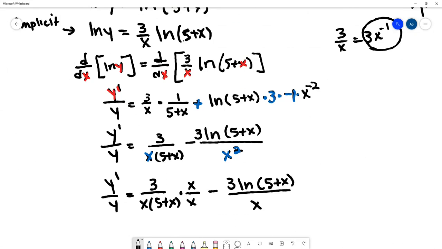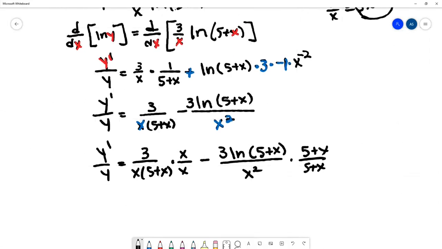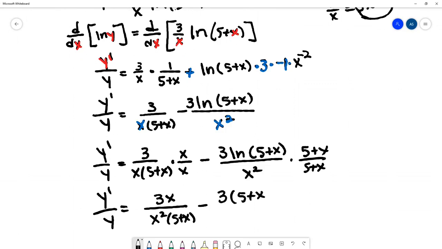So I'm going to multiply by 5 plus x over 5 plus x to get what I'm missing. And if I clean that up, I'll have 3x over x squared times 5 plus x minus 3 times 5 plus x natural log of 5 plus x over x squared times 5 plus x.